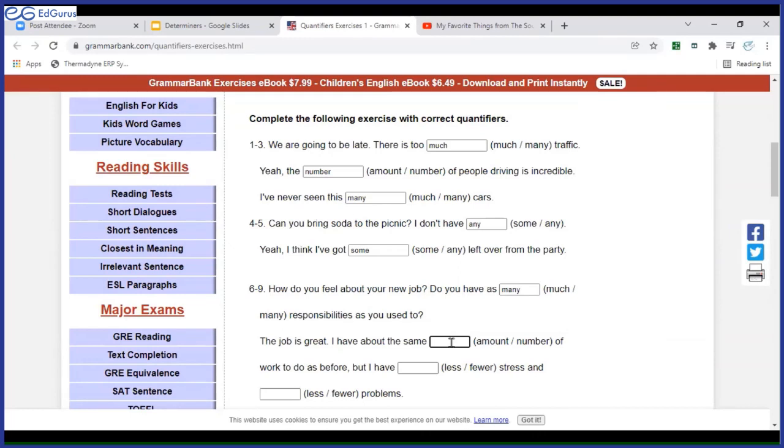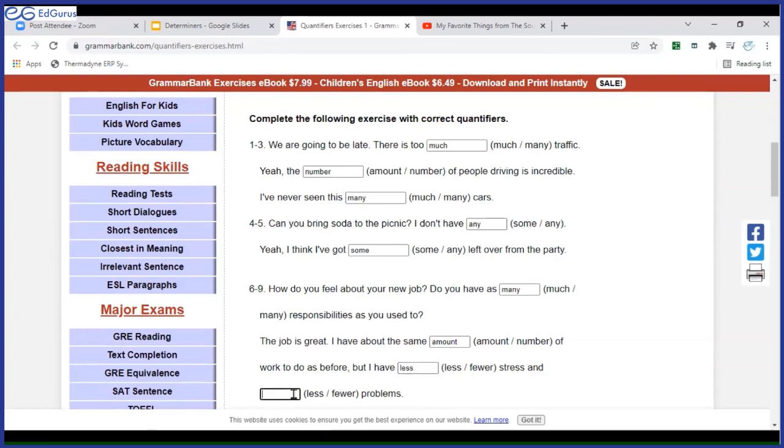Same amount. Okay. As before, but I have dash stress. I have less stress. Okay.